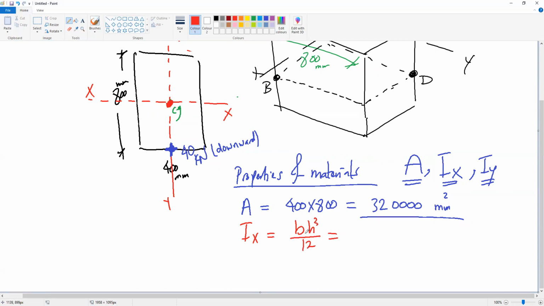B is the parallel to X, which is 400. H is the perpendicular to X. So we have 400 times 800 to the power 3 divided by 12. This is IX.